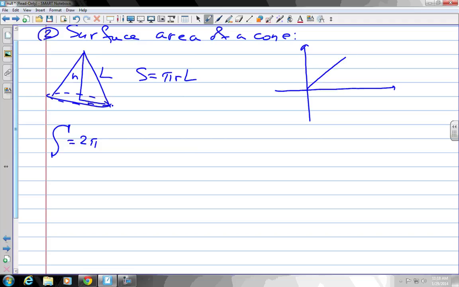We can generate a cone by just rotating a straight line that goes through the origin. So this point right here would have to be, this is h, and this is r, so it's (h, r). So we're rotating a line that goes through the origin and the point (h, r), and that produces a cone. So what is the function? What are we going to rotate?